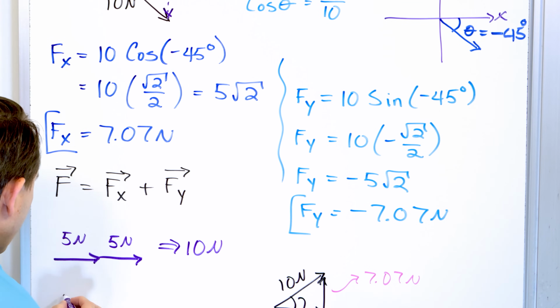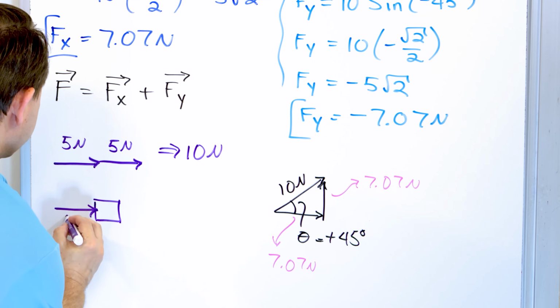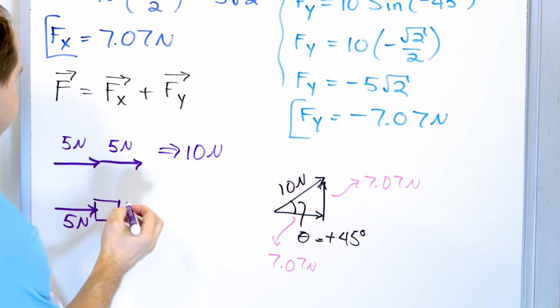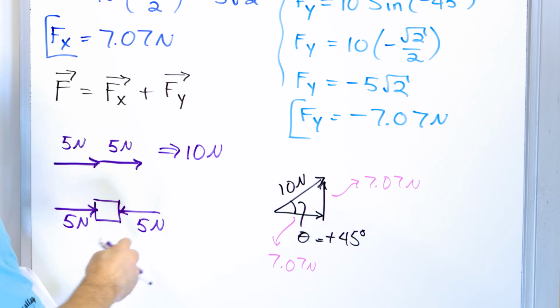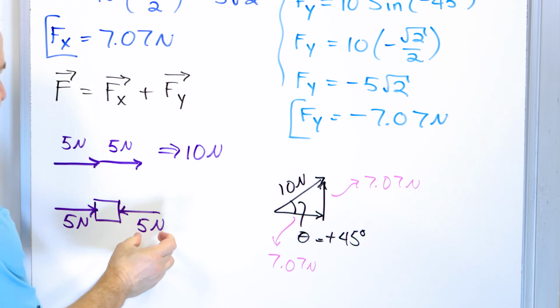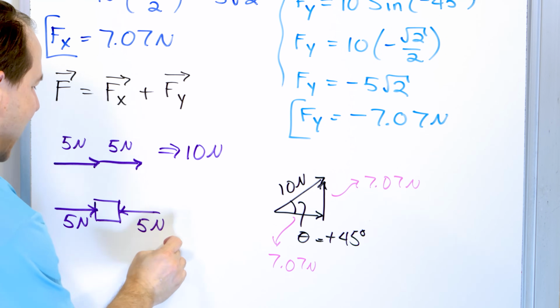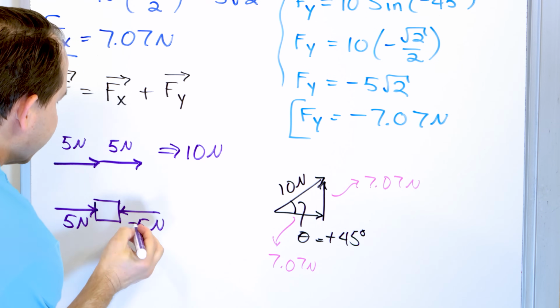But what if I had a block in the middle, with one person acting with 5 newtons this way, and another person pushing with 5 newtons the other way? You can consider this one to be almost like negative 5 newtons because it's acting in the other way, so I'll put a little negative sign there to remind you.